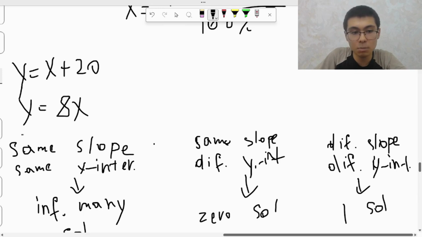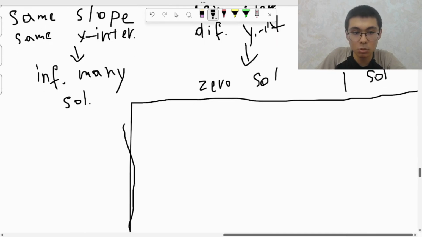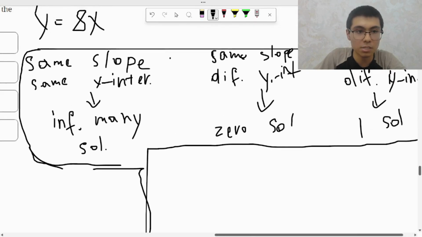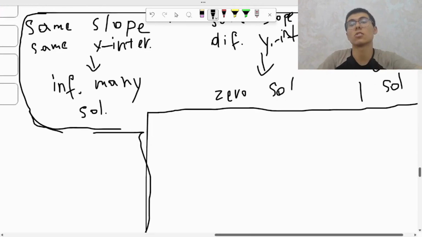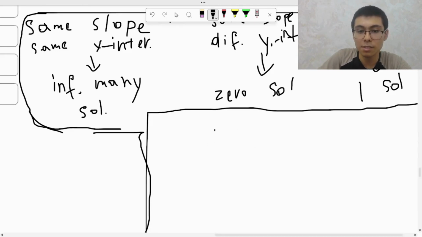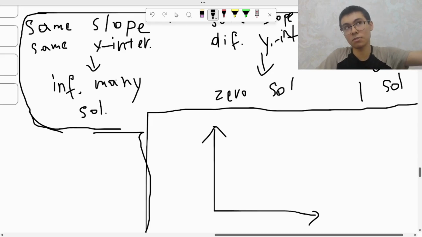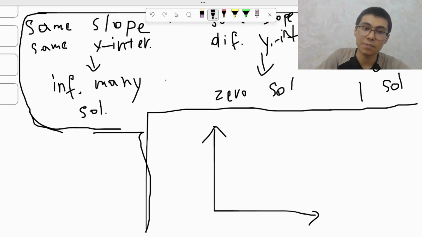So you've got to keep this in mind, and I recommend you to not learn this in the way that a lot of people tell you, just memorize. No, you don't have to memorize, you just have to visualize. So I'm gonna try to teach you how to visualize it. For example, infinitely many solutions is if we have a graph something like this, if there are two expressions, both of these have the same slope.